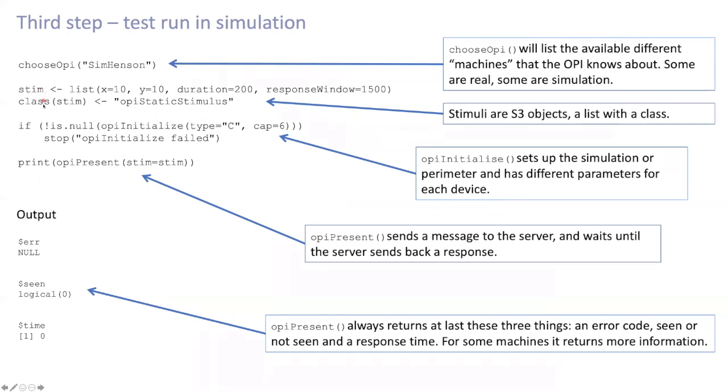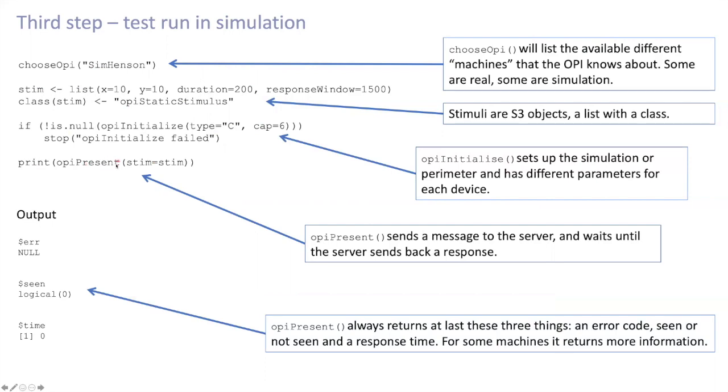We construct our stimuli, which is a list of class, in this case, static stimulus, although there's other types. Then we initialize the machine, giving it any parameters it might need. In this case, we're using the Henson simulation, and so we have to tell it some information about the frequency of sine curves that we're using in the simulation. And then finally, we present the stimulus and print the output.